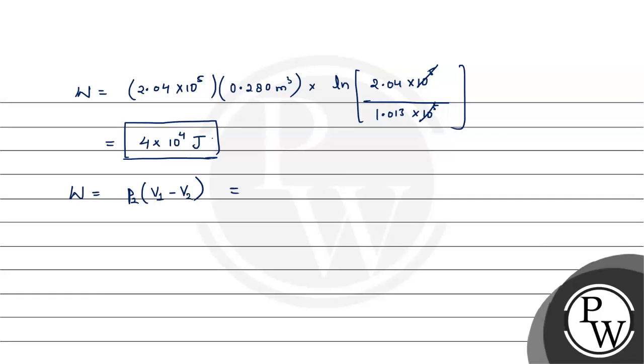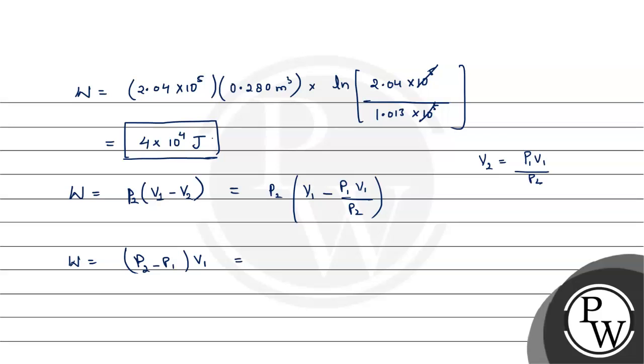So we have P2 into V1 minus V2, and we can also say that V2 will be equal to P1 V1 over P2. So from here we can write work done is equal to P2 into V1 minus P1 V1 upon P2. On solving this, we get W is equal to P2 minus P1 times V1. All these values are known, so we can calculate it easily.